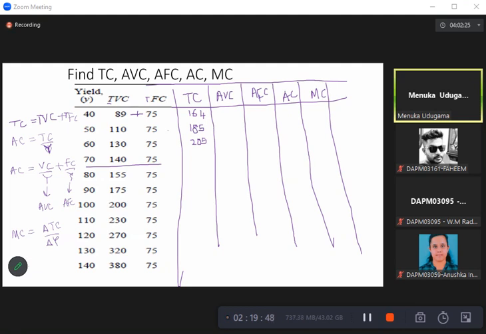Okay, then let's calculate the average variable cost, which is easy. Average variable cost. The variable cost per unit of output, right? Now we need to know that they've given us a variable cost, which is this one.